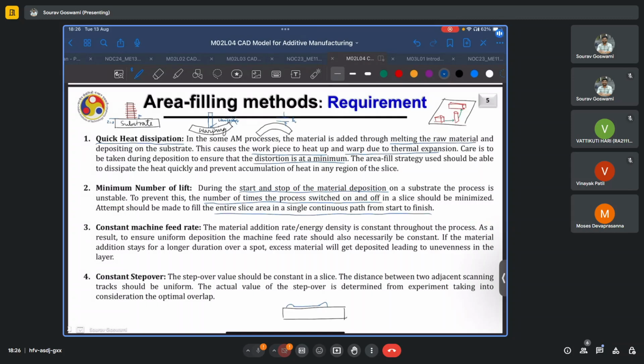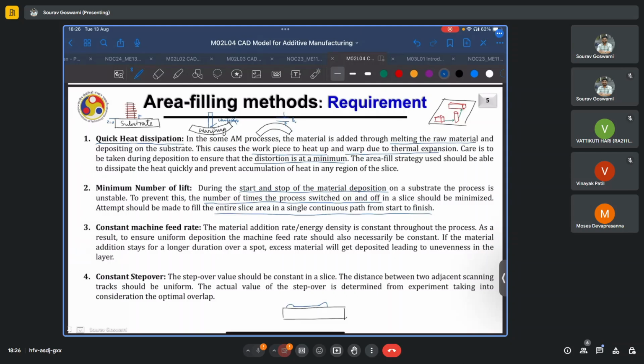A third requirement is the constant machine feed rate, because typically when you are building bulk structures with only one material, you would optimize the process parameters, say the laser power, the scanning speed, the hatch distance, or the step over distance, and then you would keep this constant for every layer of the material.